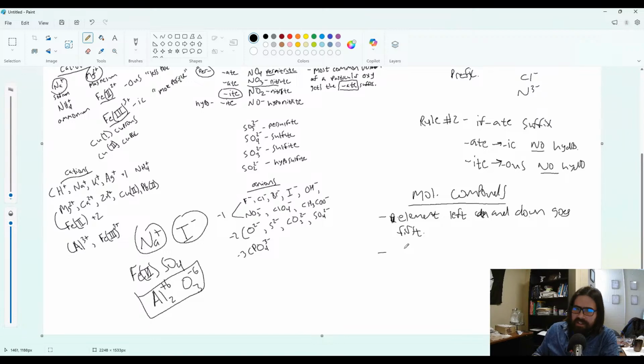Rule number 2, the second element gets an "-ide" suffix.